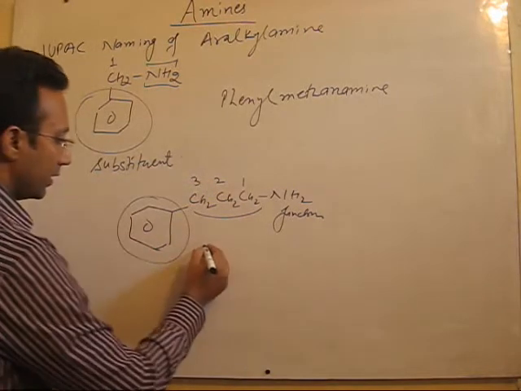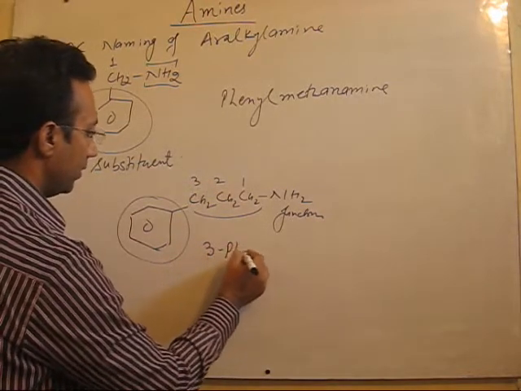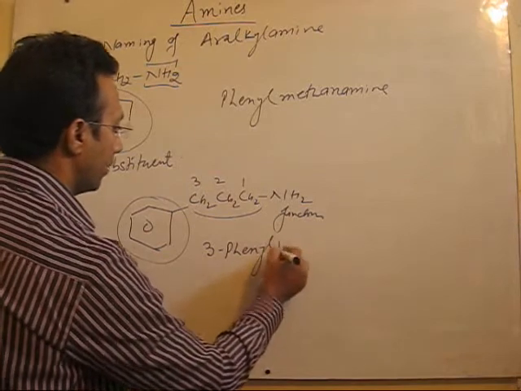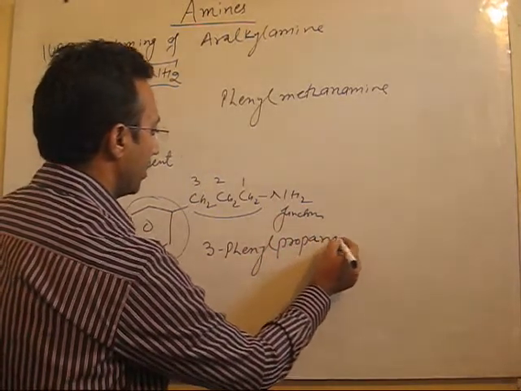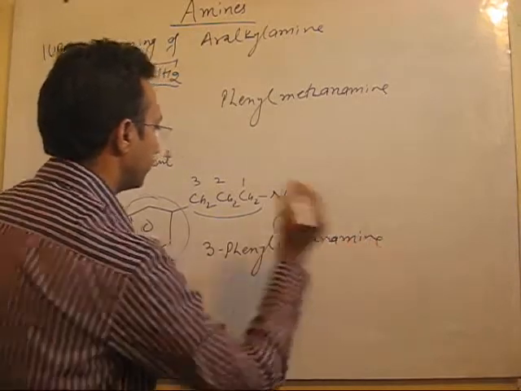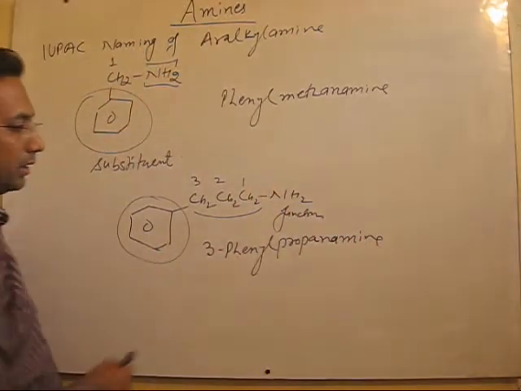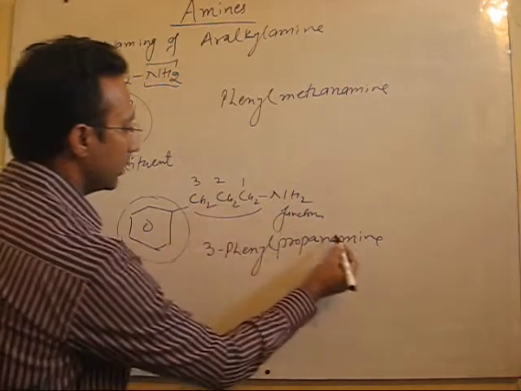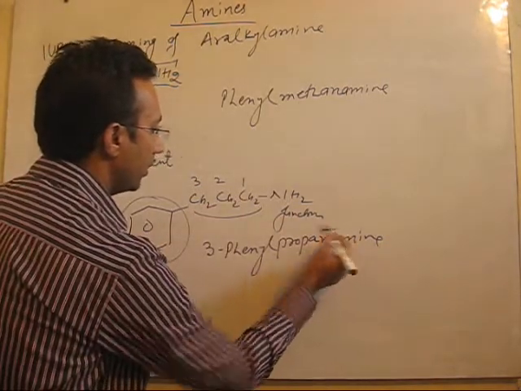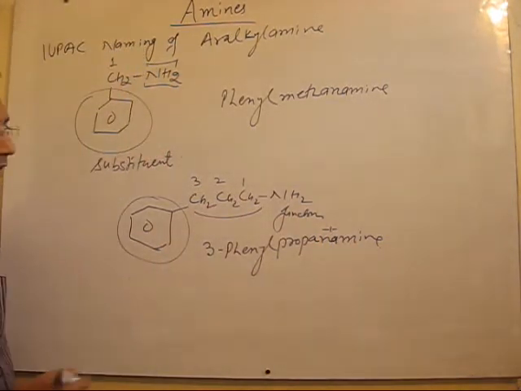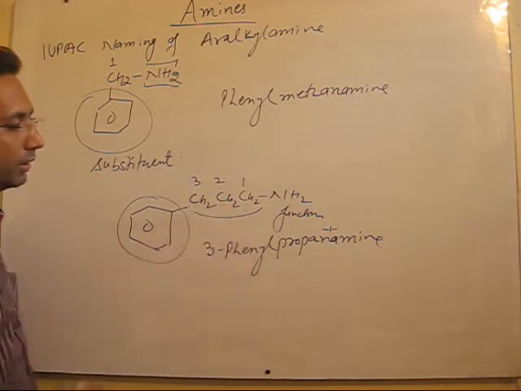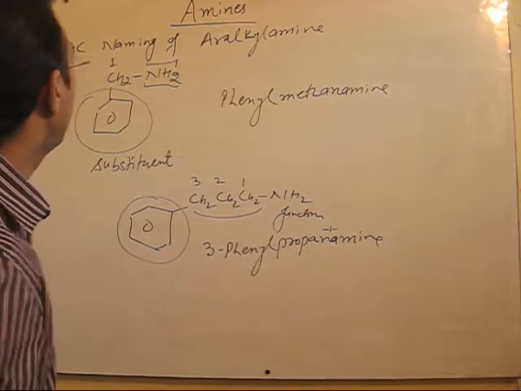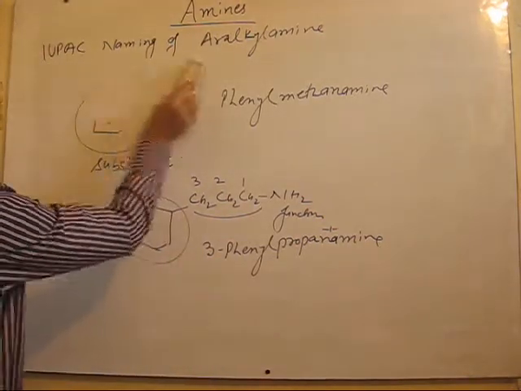So here you have to write it like 3-phenylpropan-1-amine. Because 3 carbons are there, you have to mention here 1 amine, because nitrogen can also be at another position. Fine. So like that, this is the naming of some aryl amines.